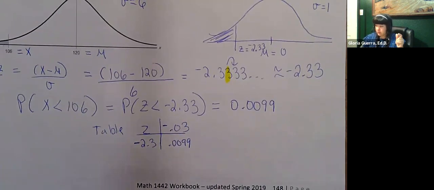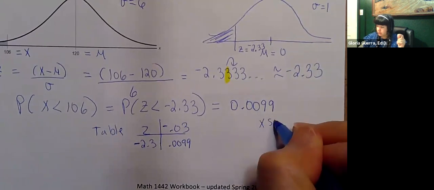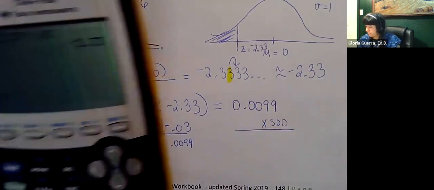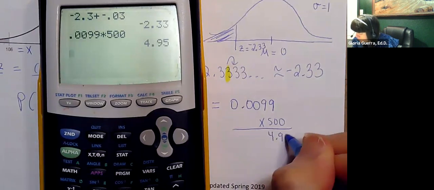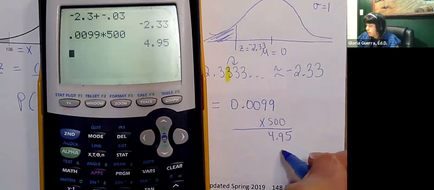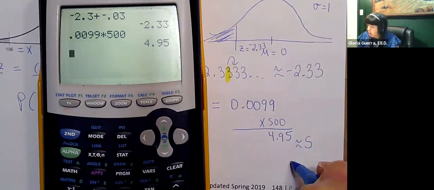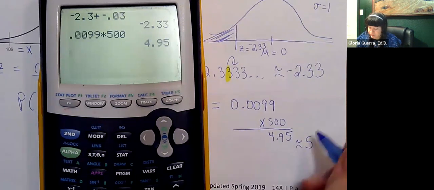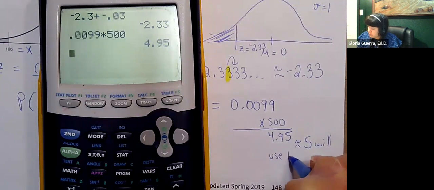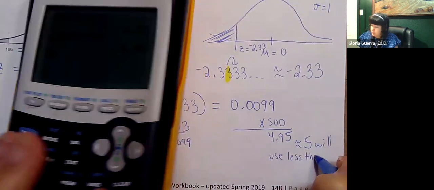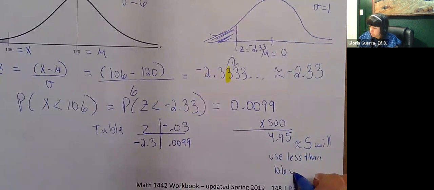But if 5 of them are selected, then you multiply that by 500 PCs. 0.0099 times 500 is 4.95, which would be about 5. 5 will use less than 106 watts of power.